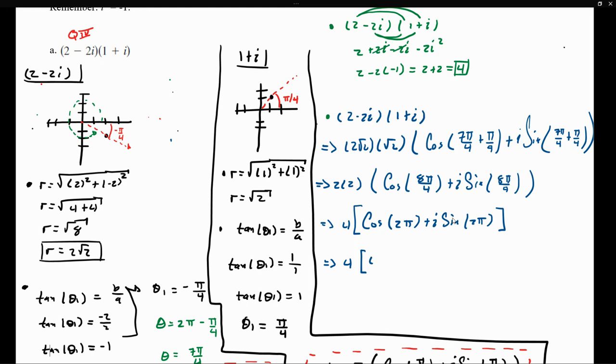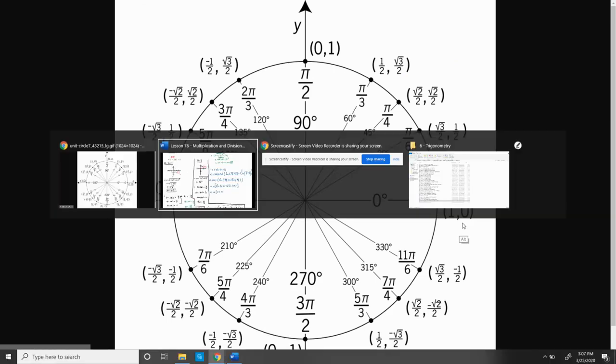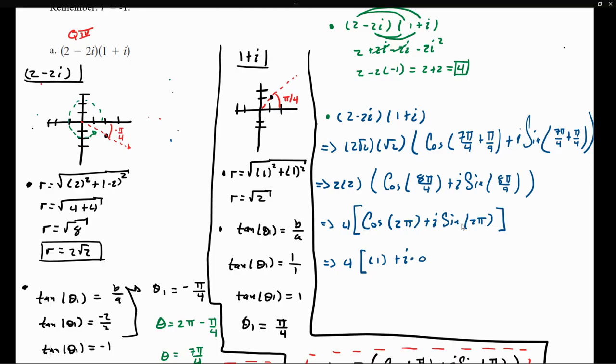Then plus i times the sine of 2 pi, and the sine value is just 0. So it becomes 4 times 1 plus i times 0, which is just 0, and this becomes 4 times 1, which is just 4.